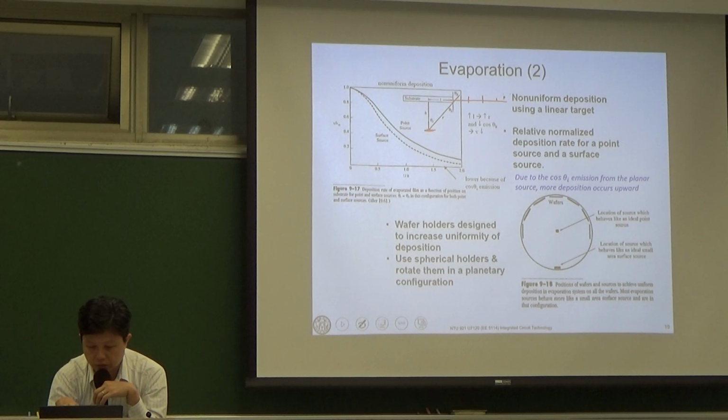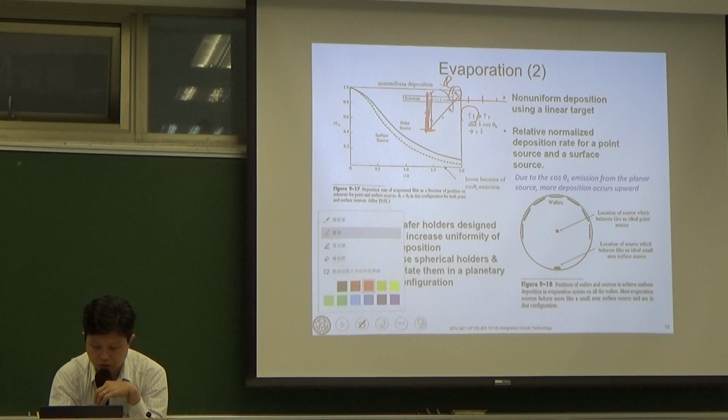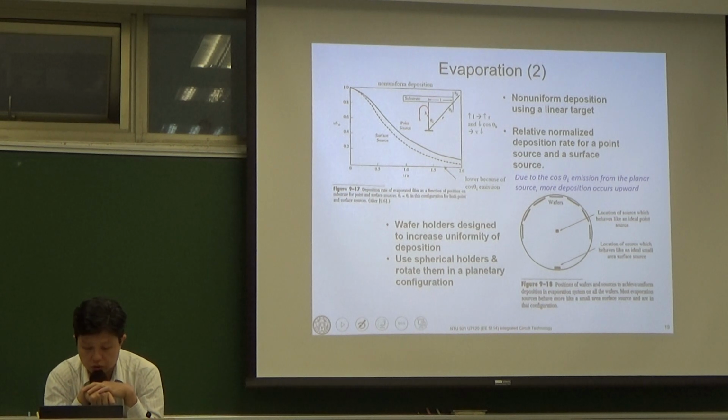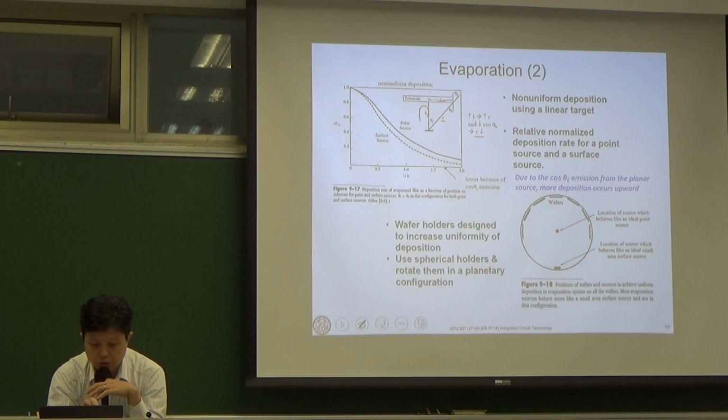When we increase this L, the distance from the position to the center, where the center is normal to your point source and has the shortest distance, H, you increase this R and reduce your cosine theta K, so your deposition rate will reduce. You can see this curve.